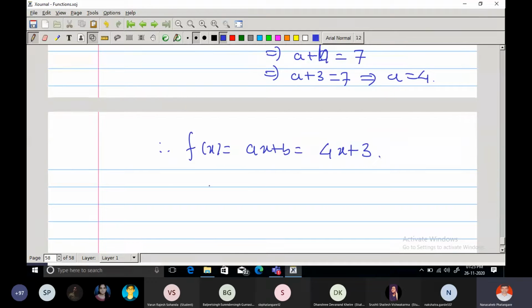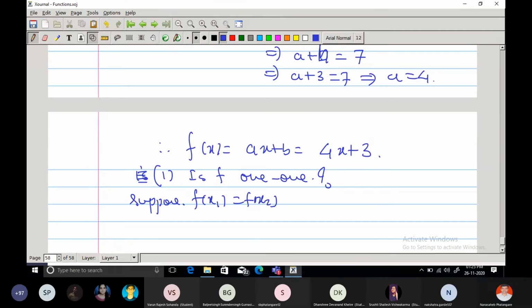Right. So now the question is, is f 1-1? We found a function now. Is it 1-1? Yes, because suppose f of x1 is equal to f of x2. Then does this imply x1 is equal to x2?